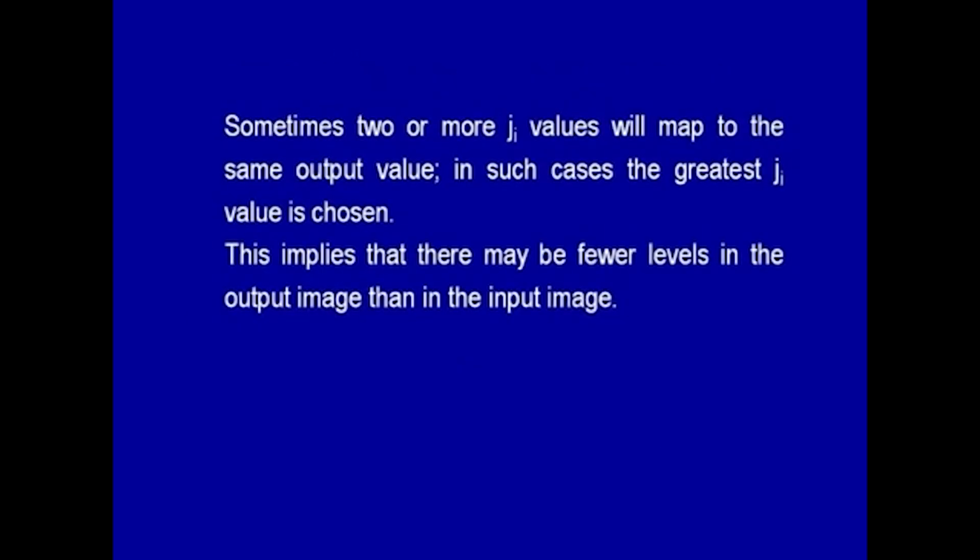Sometimes two or more j values may map to the same output value. In such cases, the greatest j value is chosen. This implies that there may be fewer levels in the output image than in the input image.